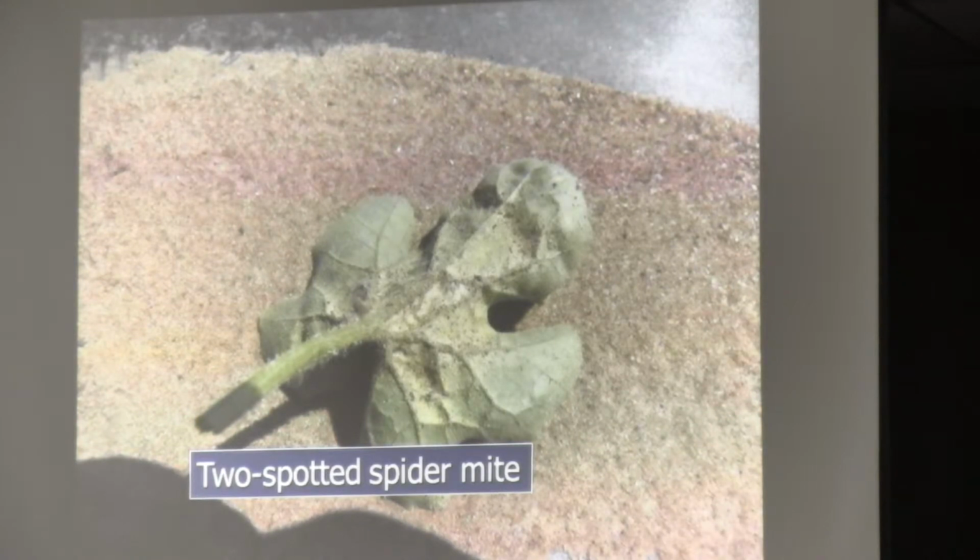So it's got 4 pair of legs, like a true spider would. But they have mouth parts like an aphid, meaning that it's like a little needle. So what they're doing is they're sucking the juice out of the plant. And so oftentimes, if you look on the top side of the leaf, you see little white specks. And that's where they've actually sucked the juice out at individual spots.